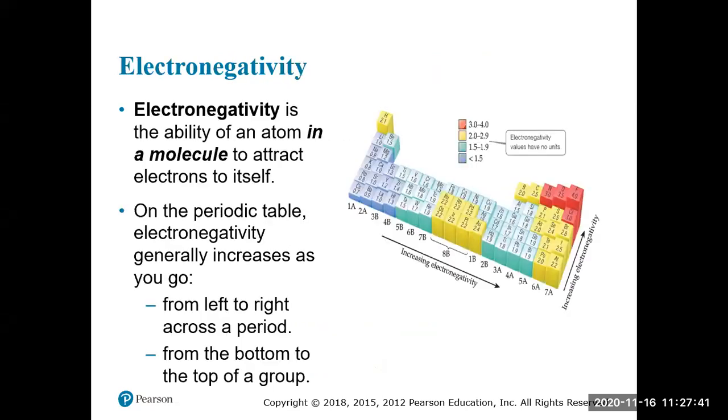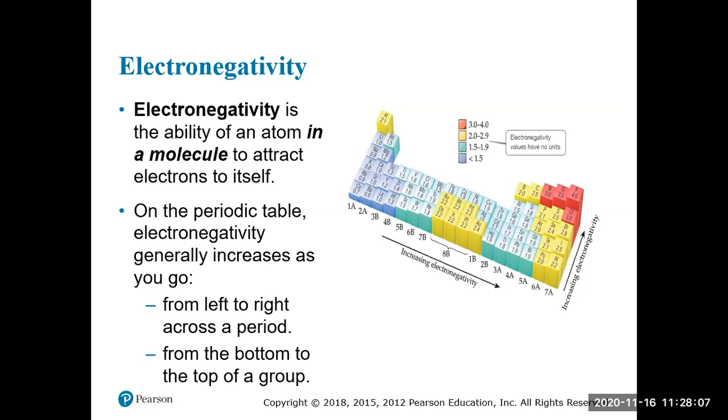And sure enough, if we look at our table here, we see by the color coding that the ones in red are the most electronegative. The elements in red, nitrogen, oxygen, fluorine, chlorine, are the ones that have the greatest ability to pull electrons to themselves when they're in a molecule.